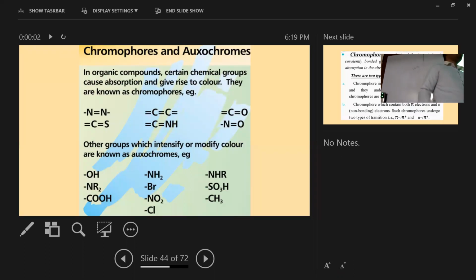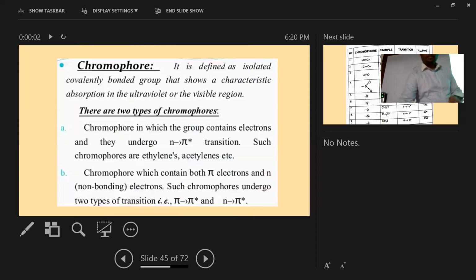If a molecule has a certain portion that can absorb light, that portion is called a chromophore. There are two types of chromophores. What types of absorption can it have? Single bond, double bond, many things.